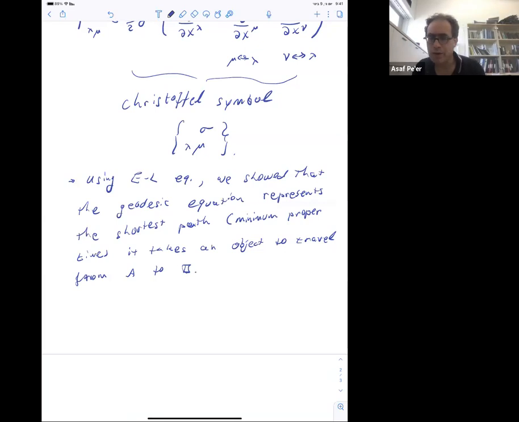So that's the reason why when you're sitting in an airplane and you're watching the map of the flight, it may seem to you that the airplane is not taking the shortest path, but it really is taking the shortest path. Of course, the origin of the discrepancy is the inability to properly map the surface of the Earth, which is round, to a two-dimensional flat, Euclidean space of the map.